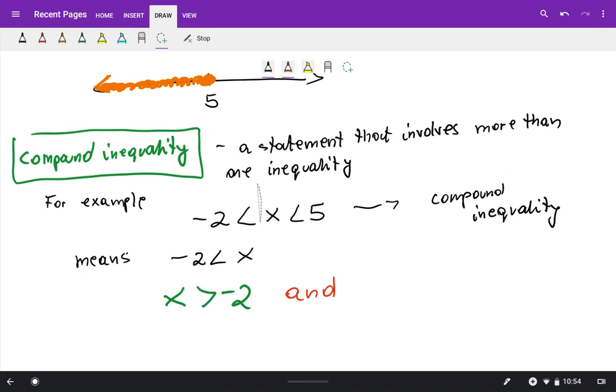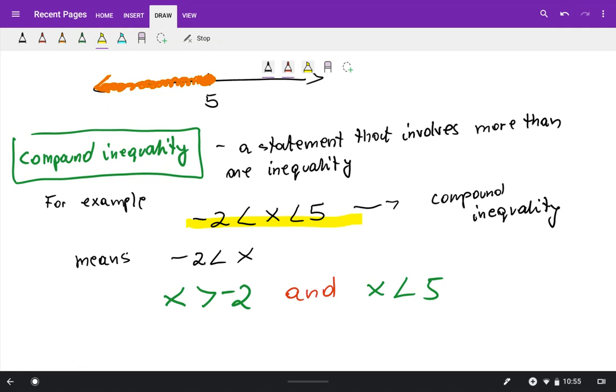I will take care of this side of the inequality, and x is less than 5. So this compound inequality, -2 less than x less than 5, has the same meaning as x is greater than -2 and x is less than 5.